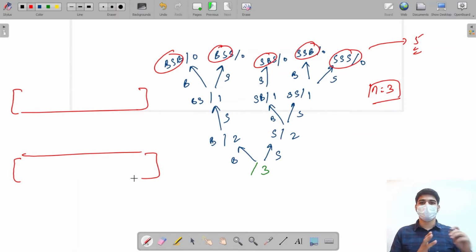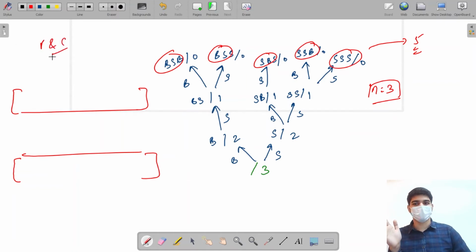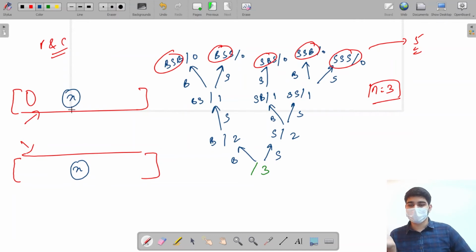If we use our PNC logic, permutation and combination logic, for each and every arrangement of this side, I can have an arrangement on this side. So if I have x arrangements over here, then for each and every arrangement of those x arrangements, I can have x arrangements over here.